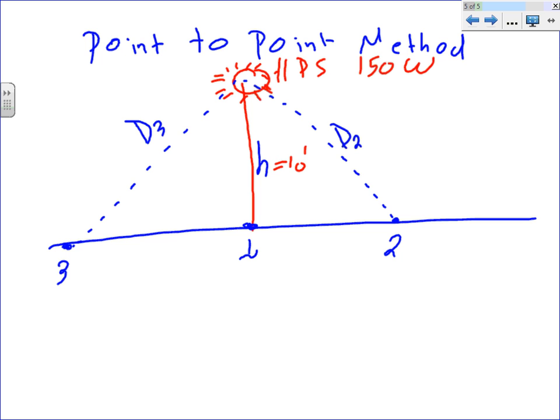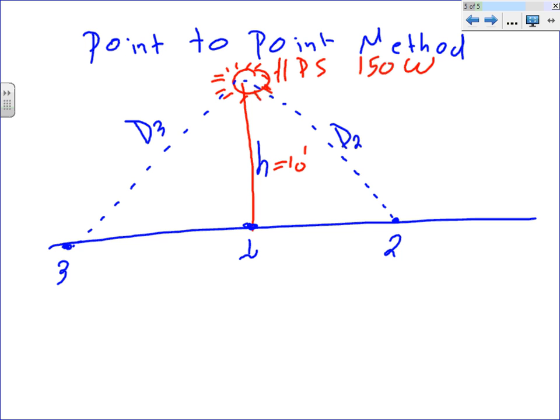Visual will do this calculation much better than we do. The only reason I like this point-to-point method is so you can appreciate what Visual does, and I test you on it first too. So hopefully, when Visual gives 53.3 foot-candles right on that wall, you say, oh yeah, now I know how it's calculated, but I really don't want to do it. It's too much work.